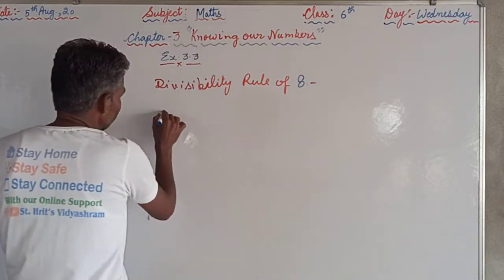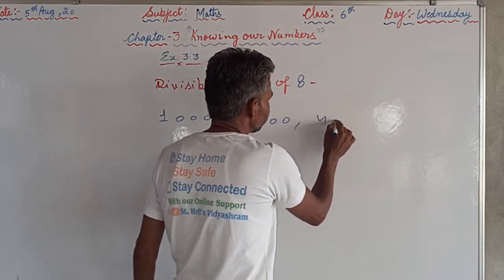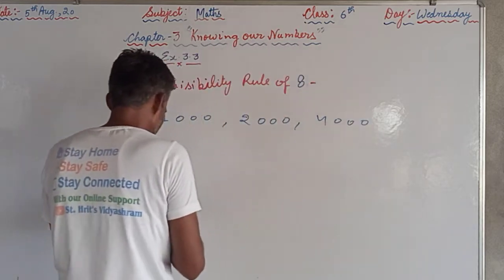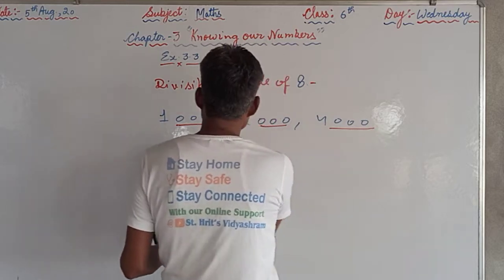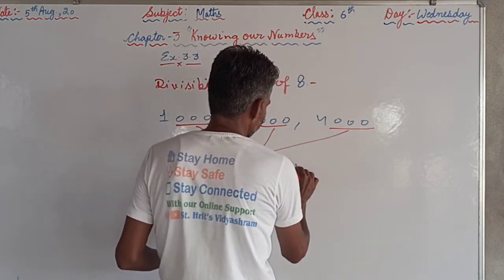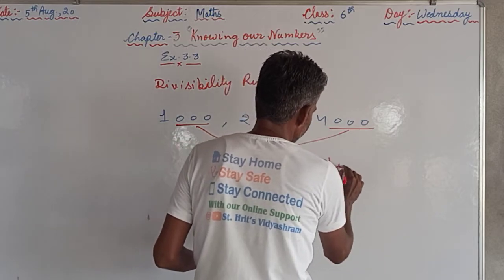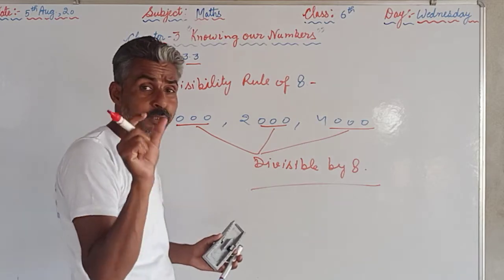For 8, one rule is that if the number ends with 000, then we can say these numbers are divisible by 8. The same rule is there as 4. For 4, 2 zeros are required.